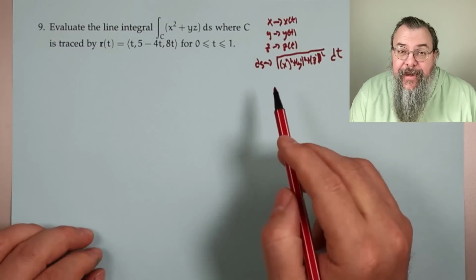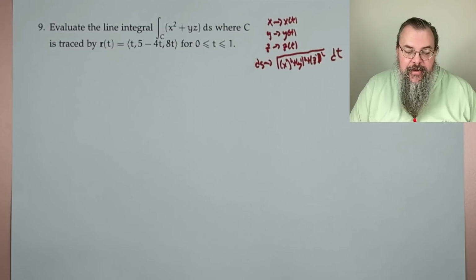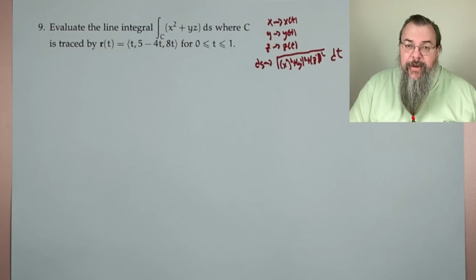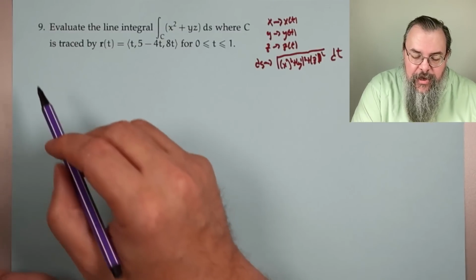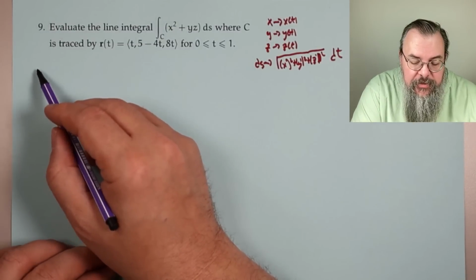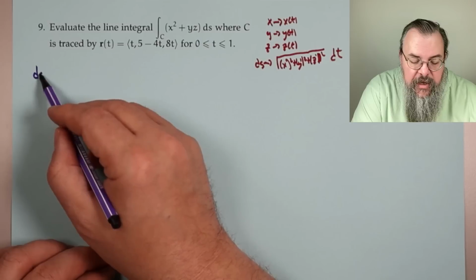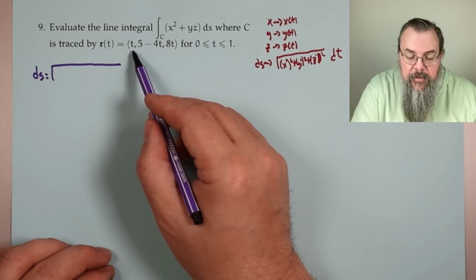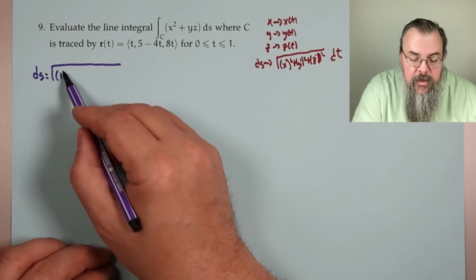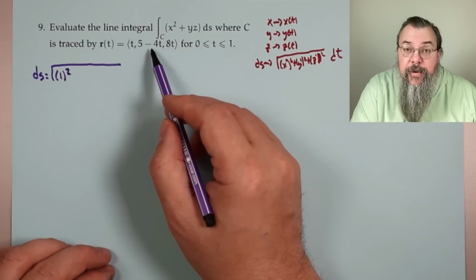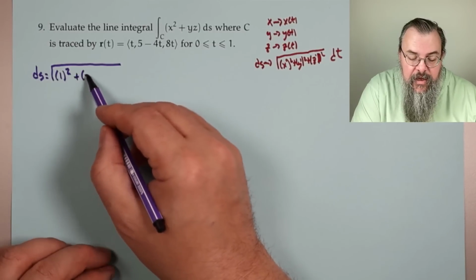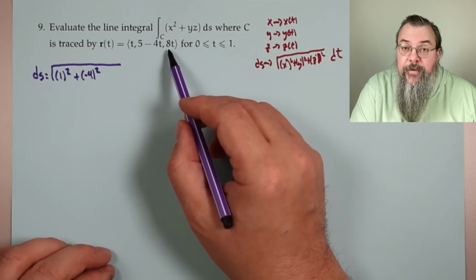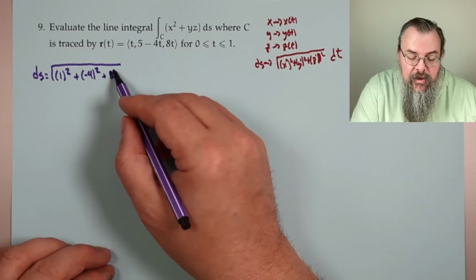Let's do our ds. That's oftentimes the most important thing to start because it's oftentimes the most work. Now, it looks like we have something that's not too unreasonable, but let's find out. Okay, so our ds is going to be the square root of our x prime squared, so that's 1 squared, our y prime squared, that's negative 4 squared, and our z prime squared, that's 8 squared.